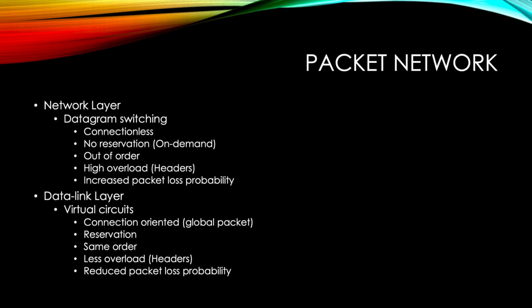So I can send packets 1, 2, 3, 4, but they can end up arriving in the order 3, 1, 4, 2, for example. And you talk about this principle with high overhead headers. Headers you can call the destination for each packet.